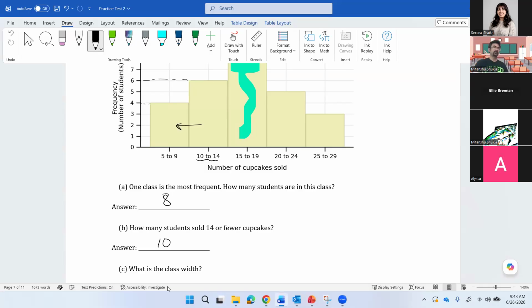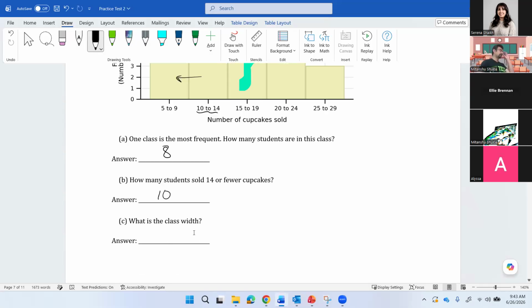Very good. I agree. How do I find the class width? What are we going to do? Is it largest number minus smallest divided by the total amount of classes? So that is how we find the class width, but that's when they give us the largest, the ending boundary, and the beginning boundary, right?